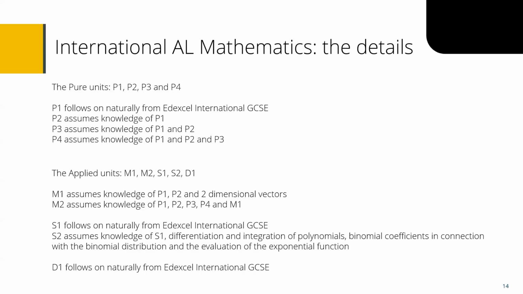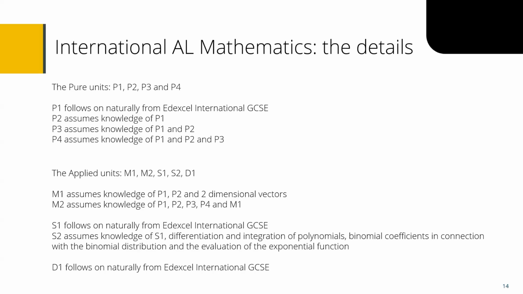Now for the applied modules, it's important to be aware of this as you make a choice about the delivery, and we'll come back to that later on. M1 assumes knowledge from P1, P2, and 2-dimensional vectors. M2 assumes knowledge from P1, P2, P3, P4, and M1. And this is what I mean: when you decide how to deliver those modules, some schools will do all the pure first and then the applied, and some will cross between terms from one to the other.